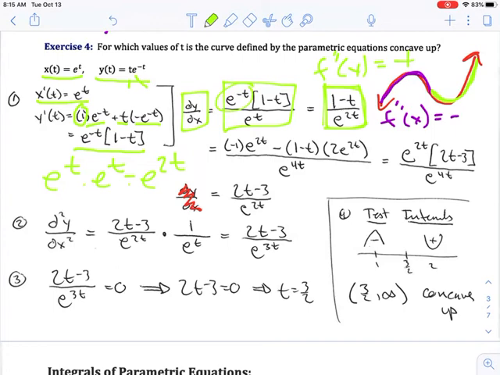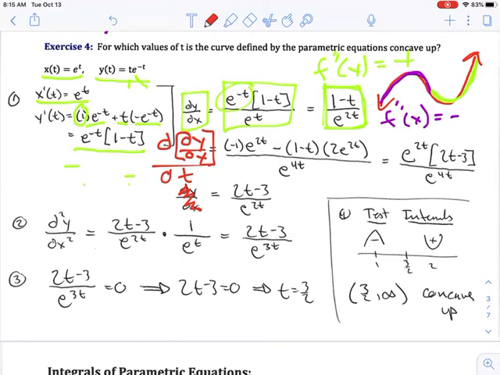Now we need to find the second derivative. So let me get rid of some of this. The second derivative, and what I should have written in here is that this right now is the derivative of dy/dx with respect to t.